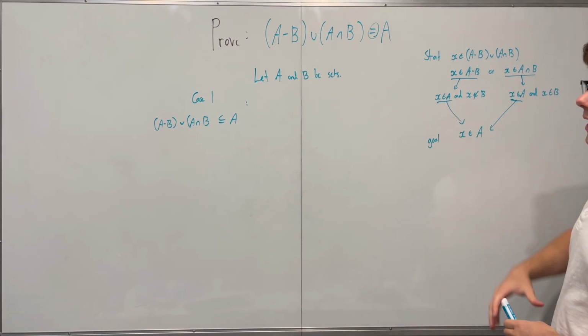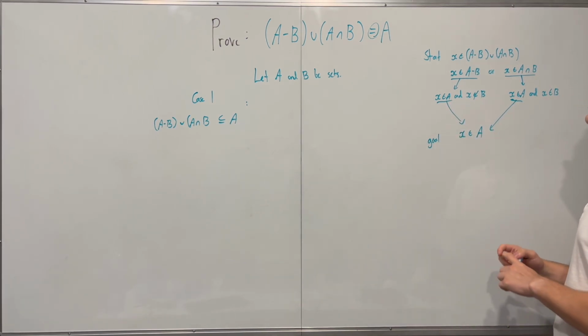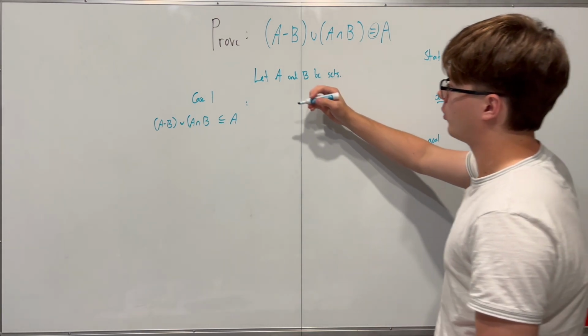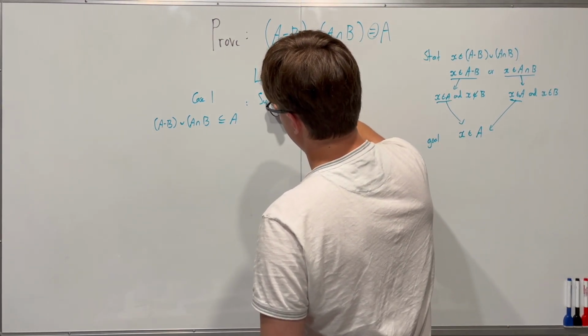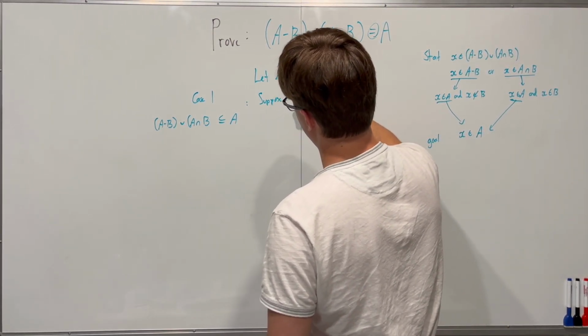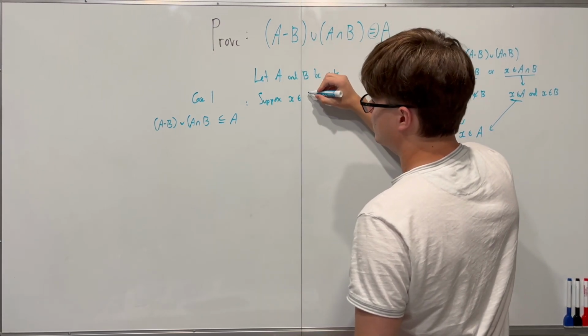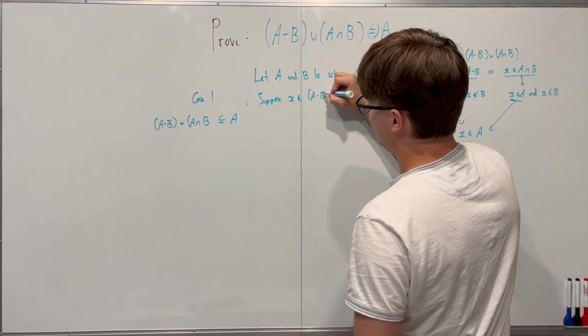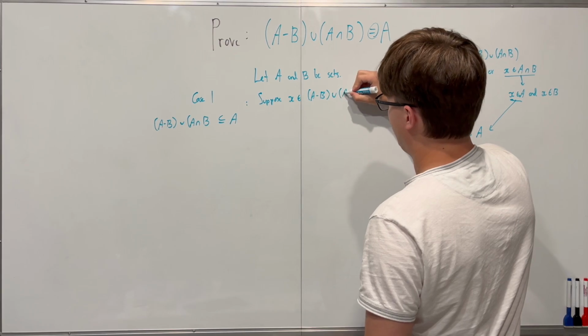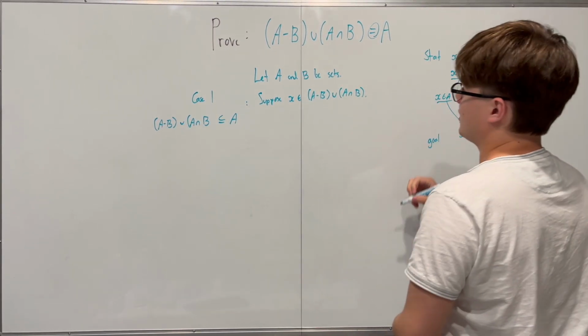So now let's put this into actual words and sentences. We're going to start by supposing our representative element X. We're going to say, suppose there exists some element X that is in A minus B unioned with A intersection B. Fantastic.